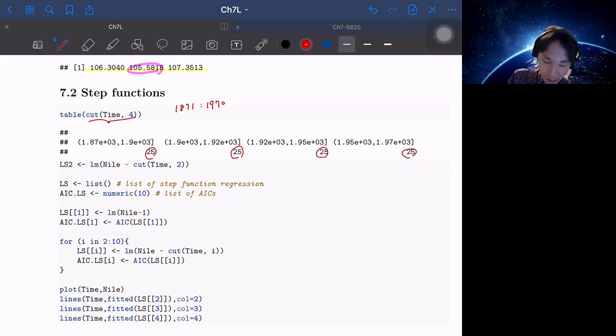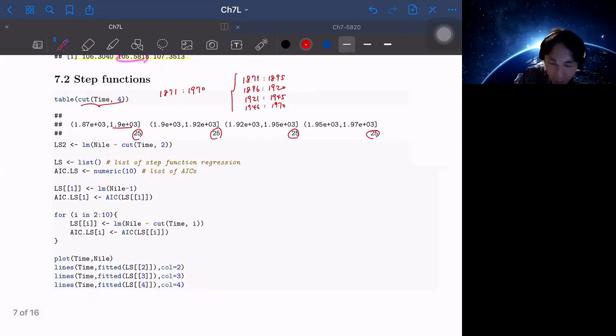So basically we divide the data into 4 equal pieces: 1871 to 1895, 1896 to 1920, 1921 to 45, and 46 to 70. So we have these 4 pieces.